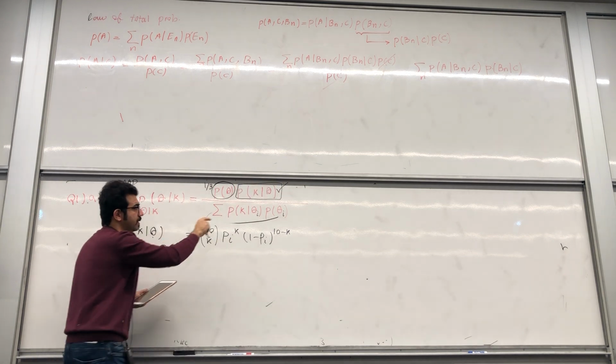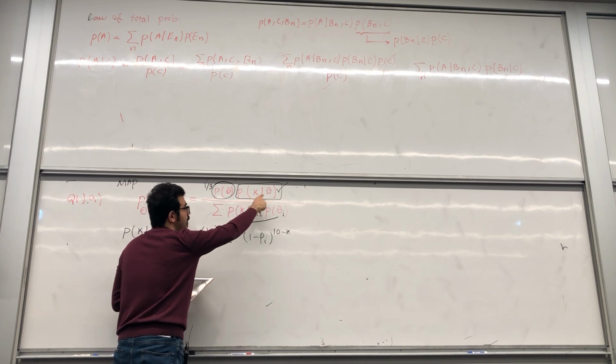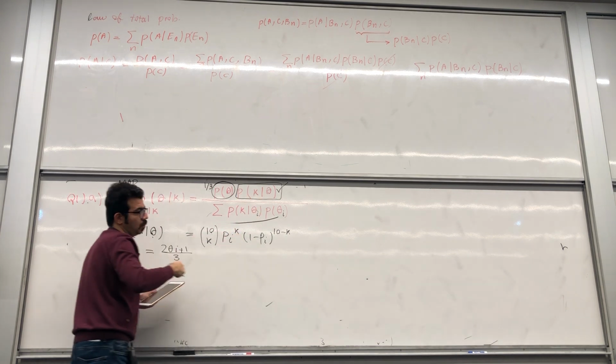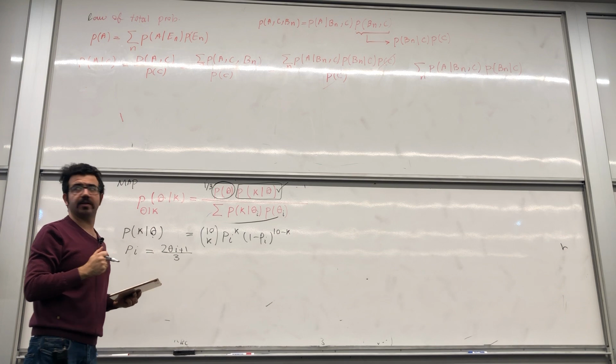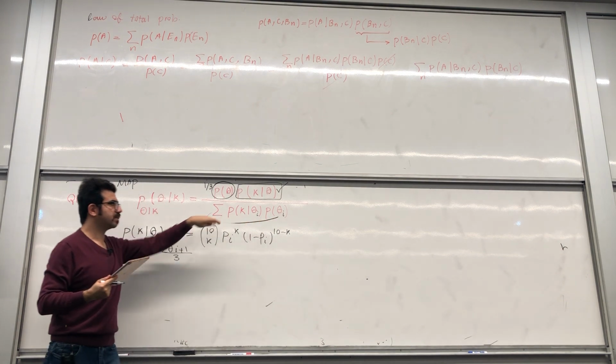The one that has a larger value of K conditioned on theta I will have the higher posteriori. Make sense? Yes, we only care about the binomial probability, because this term is constant.